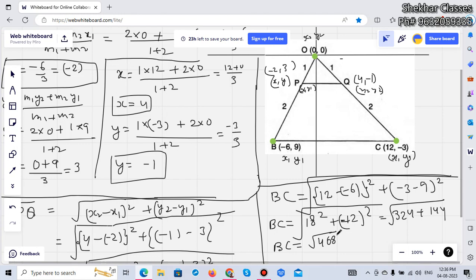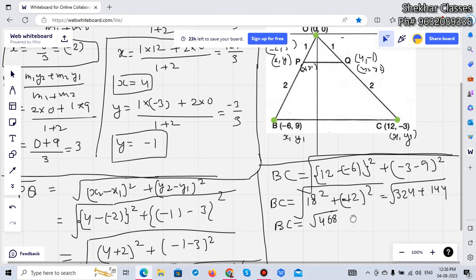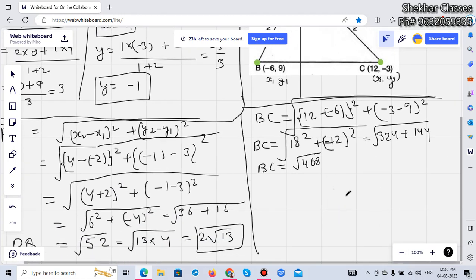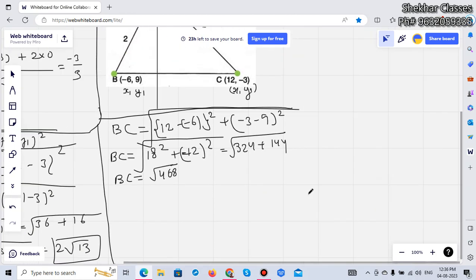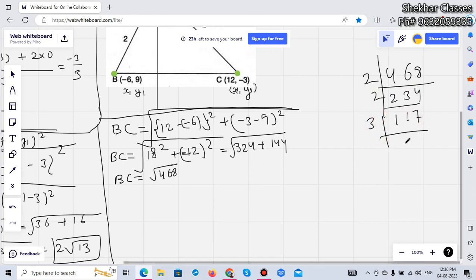Now 468 can be factorized so that we can have something coming out of it. How to factorize it? Let's see. 468, all of you have to do it in this manner. 468 divided by 2 is 234, divided by 2 is 117, and then it will go by 3, 39, and 3 again, 13.